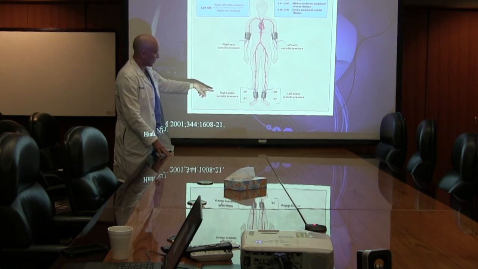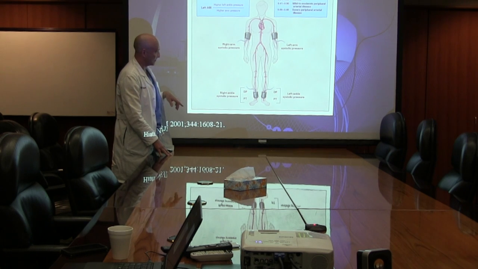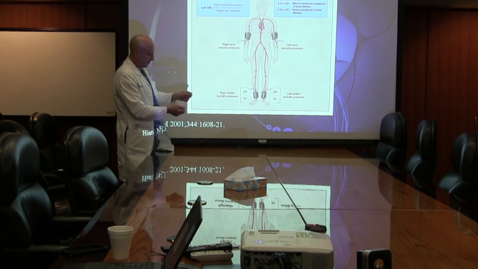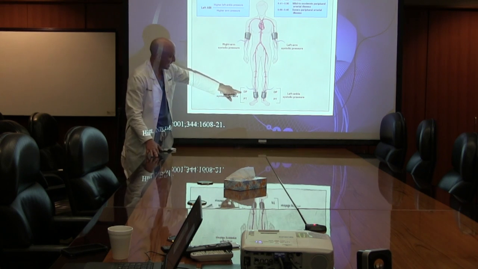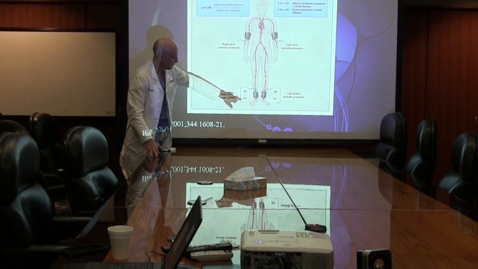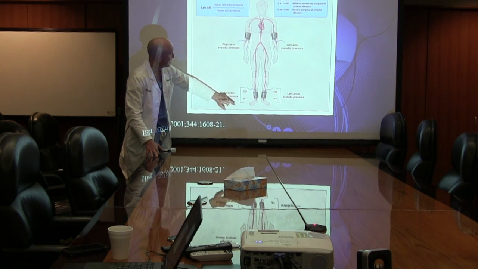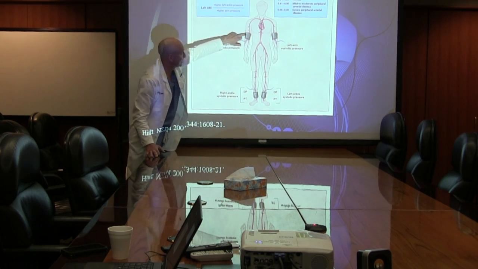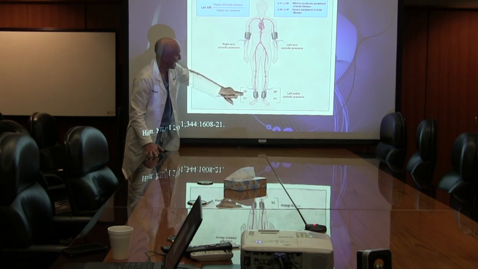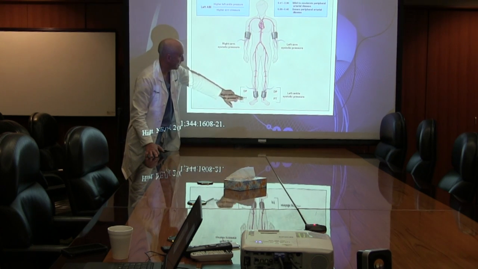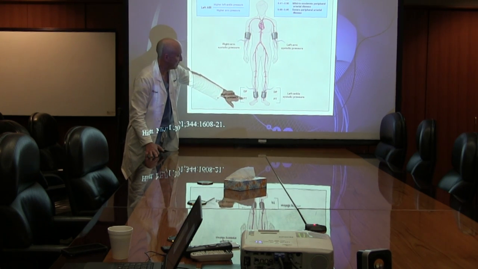And then we check pressures in both ankles. If you dig into the report, you'll get an ABI for the dorsalis pedis and an ABI for the posterior tibial, but the final result is the higher of the two, okay? To make it easy, let's say the arm is 100, and this ankle is 100, and this is 50.